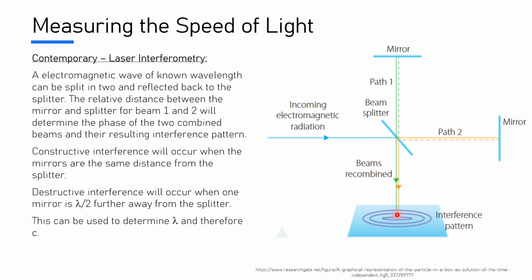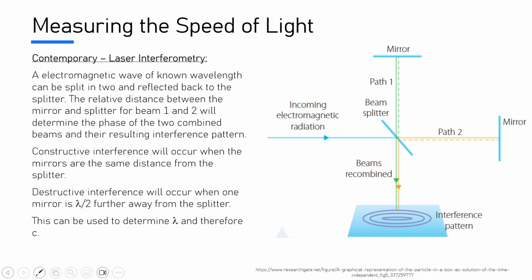And so when these beams recombine, they're going to cause a destructive interference pattern, and that will mean that there is nothing detected here at the end. Therefore, the differences in the distances between the two sets of mirrors can be used to determine the wavelength. And again, if we know the frequency of the electromagnetic radiation that was emitted, we can therefore calculate for c.